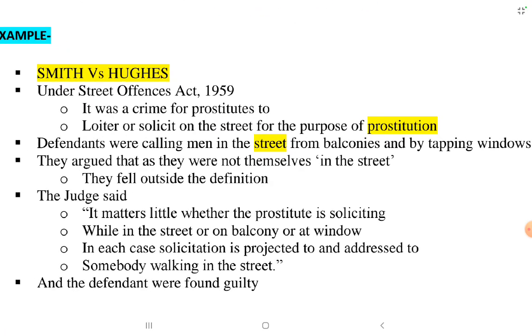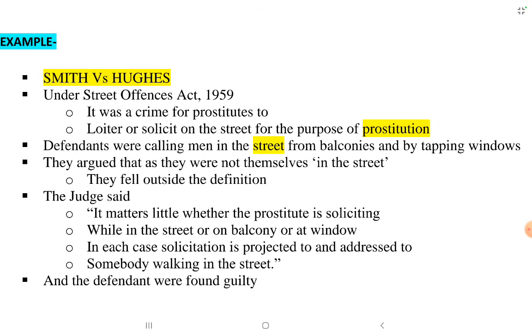Example of mischief rule. There is the example of Smith versus Hughes case. In this case, under Street Offences Act 1959, it was a crime for prostitutes to loiter or solicit on the street for the purpose of prostitution.